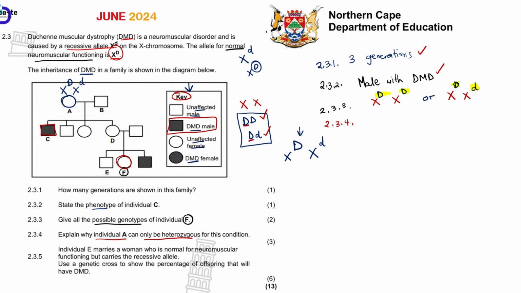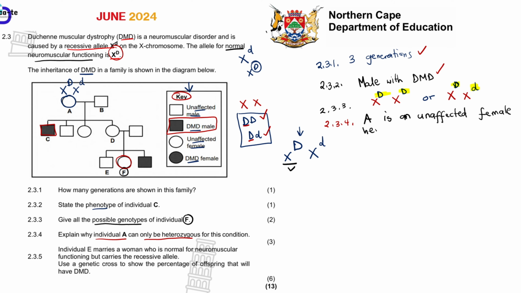So the fact that female A is normal means that she has the capital letter D. You say that female A is a normal female, an unaffected female. She doesn't have the condition.